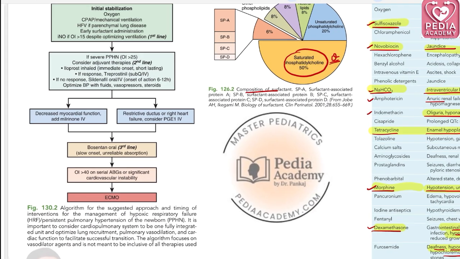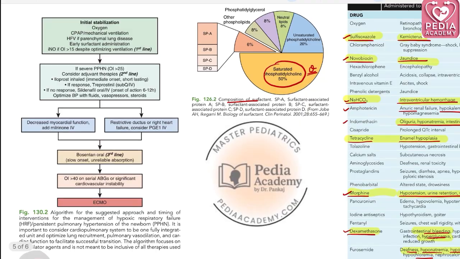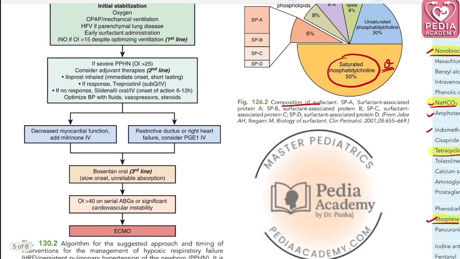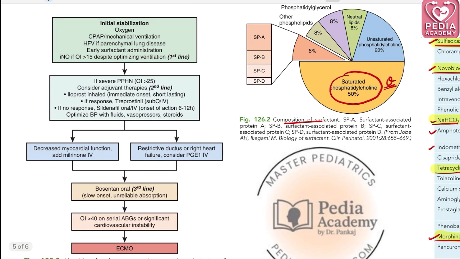Okay, so now coming back to our discussion, now I'll discuss PPHN management. How will you manage PPHN? So initially we will give oxygen, CPAP and mechanical ventilation, HFO, early surfactant, and iNO if oxygen index is more than 15 despite optimized ventilation. This is first line.